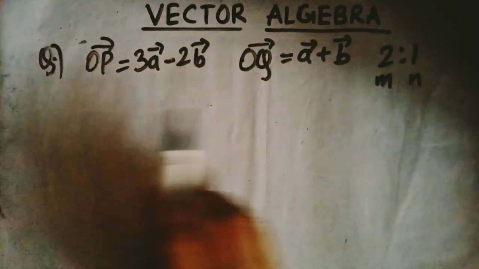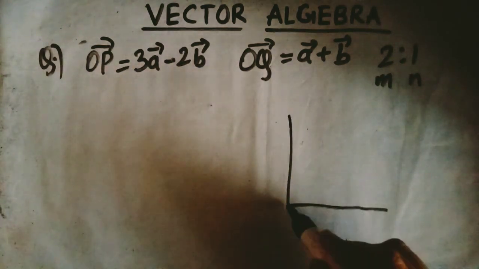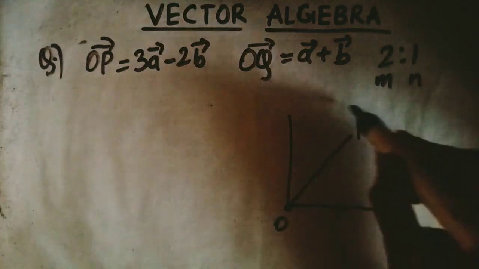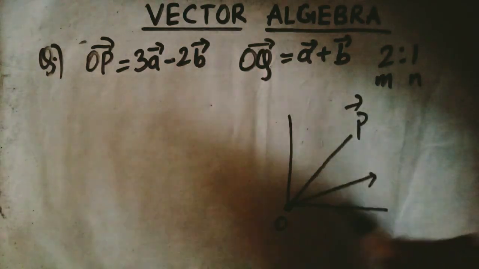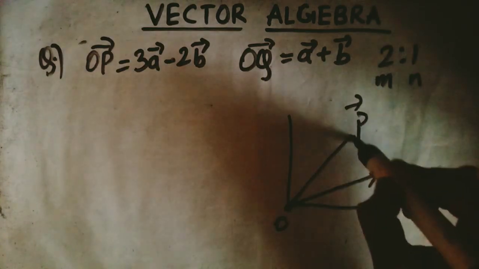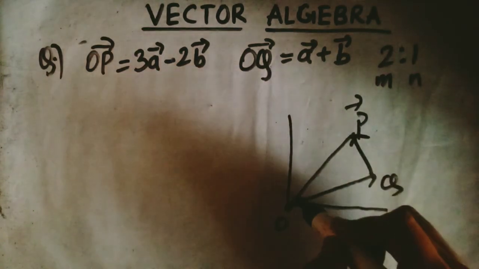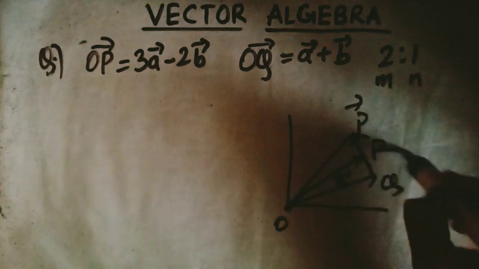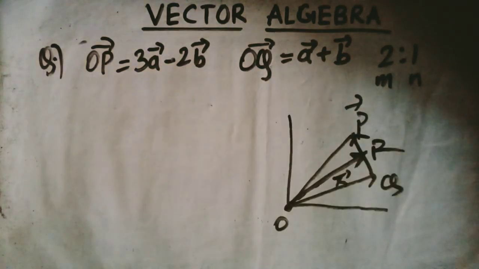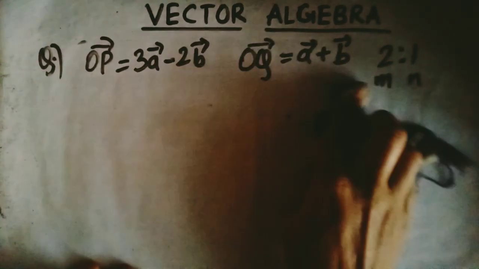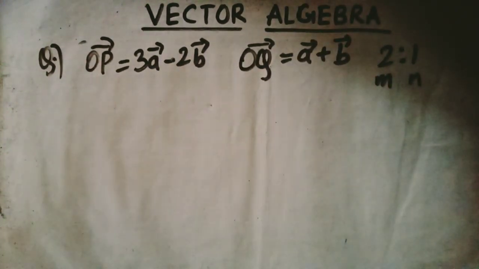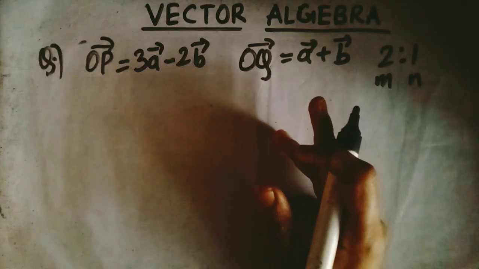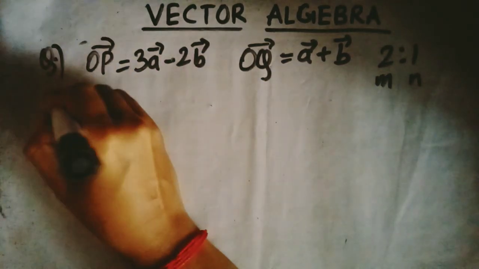Position vectors: we know that from O to P, and another is from O to Q, and then there is a line here. Your R vector is here, OR. So you have to find OR. They have given two conditions, internally and externally, and you have to find both.